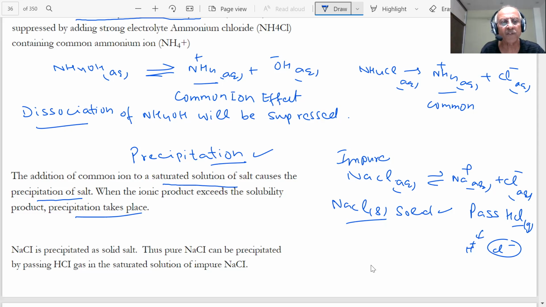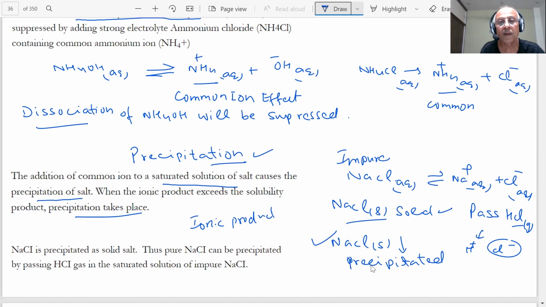What will be the result of this? NaCl will be precipitated, students. This technique is used for the purification of the salt NaCl from an impure aqueous solution of sodium chloride. So whenever the ionic product exceeds the Ksp, the solubility product value, in such cases a precipitation reaction will take place.